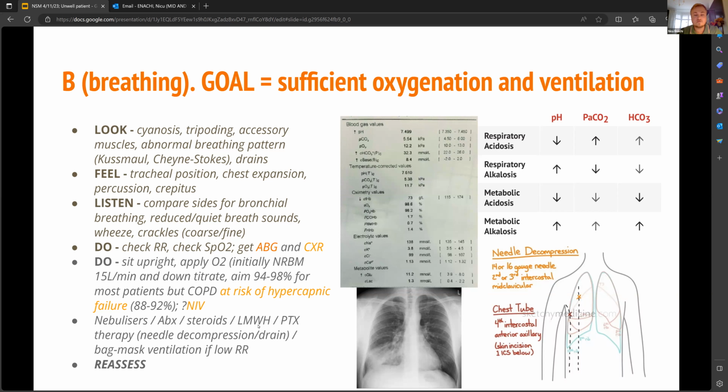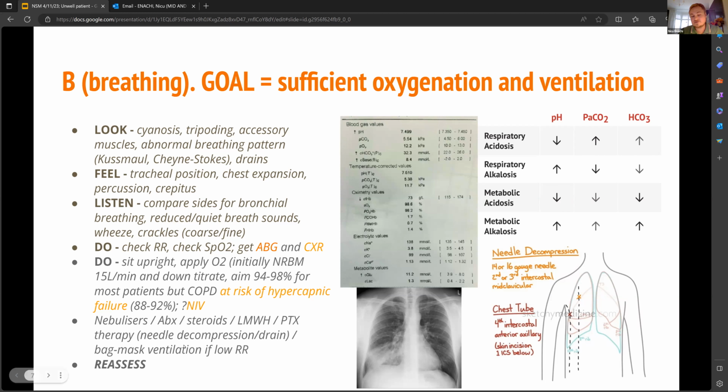Think about low molecular weight heparin if the concern could be pulmonary embolism, or how to deal with a pneumothorax if there is one. And remember that tension pneumothorax should always be a clinical diagnosis. However, very frequently in practice, it might be tricky unless the patient is really crashing.